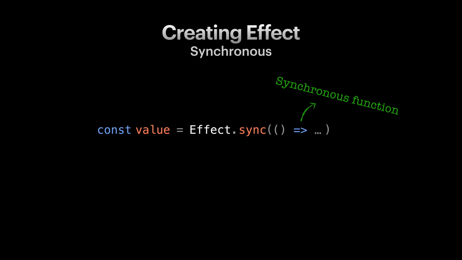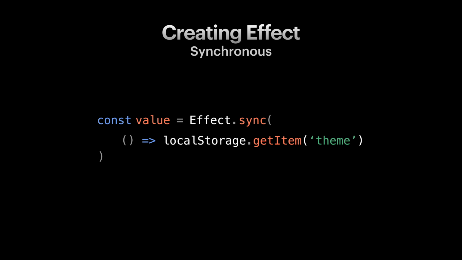As an example of a synchronous operation, we can query for a value in local storage in the browser. Local storage is a web storage mechanism that allows websites to store key-value data persistently in a user's browser. Looking at the type of the value constant, if an item with name theme exists in the local storage, it returns the string value for it.